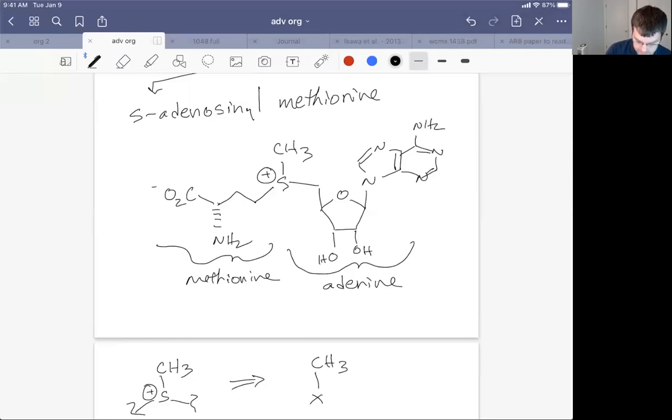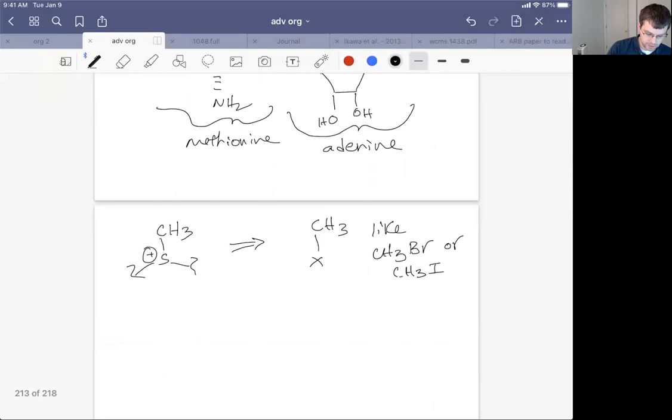So this is like methyl iodide or methyl bromide. So we can do SN2 reactions on it, which is pretty cool. So for example, we can take the molecule shown here, which has an OH and NH and a catechol-like structure, and this is norepinephrine.